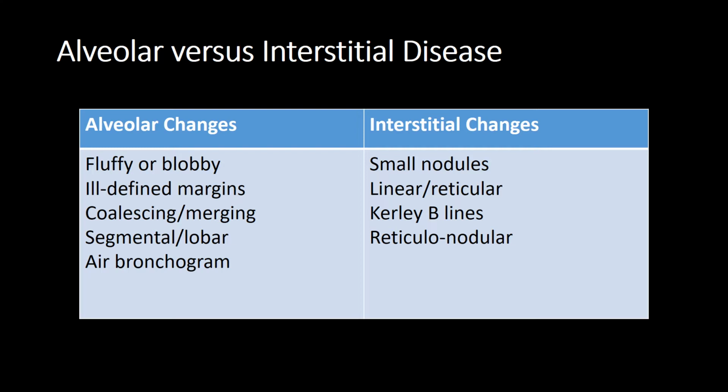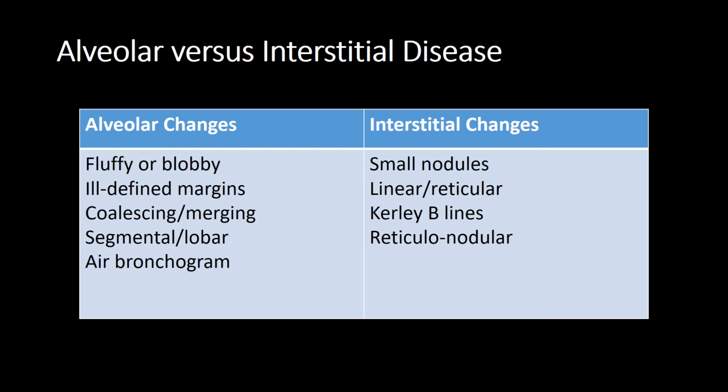If you see diffuse shadowing, whether it be localised or widespread, then you need to assess the pattern to work out if it's alveolar disease or interstitial disease. So alveolar changes, the appearances are fluffy or bobbly, ill-defined margins, they coalesce or merge.